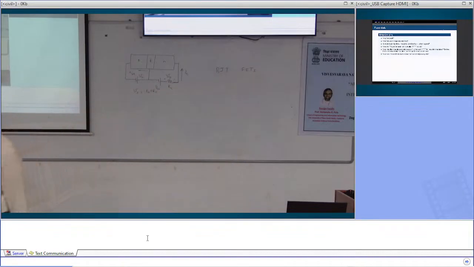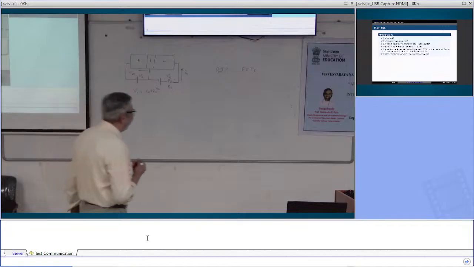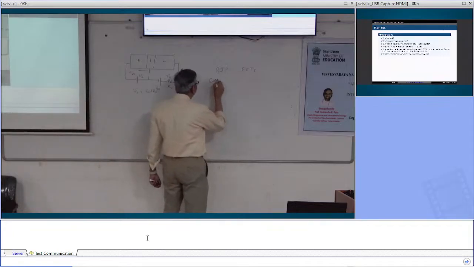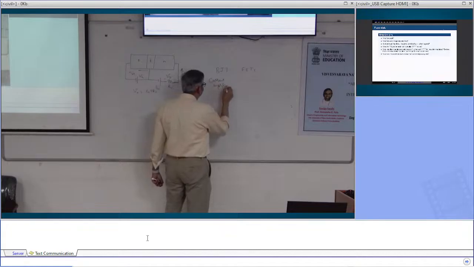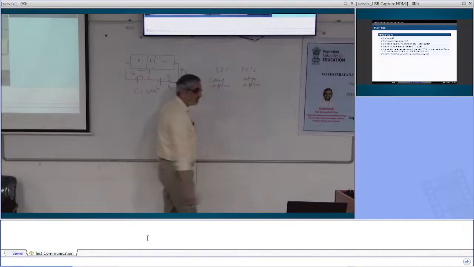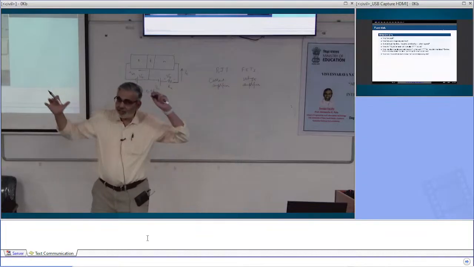I mean, property wise. What is BJT? There is a popular notion. So, this is known as current amplifier, and this is known as voltage amplifier. ठीक है? You heard of that?